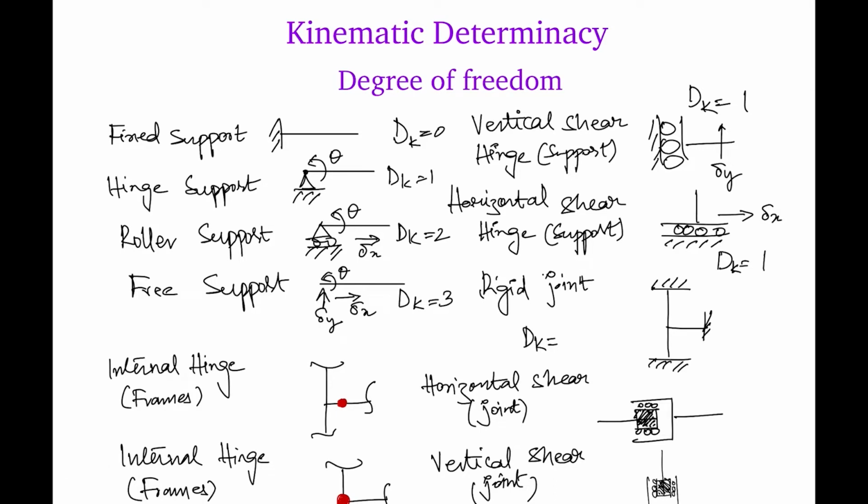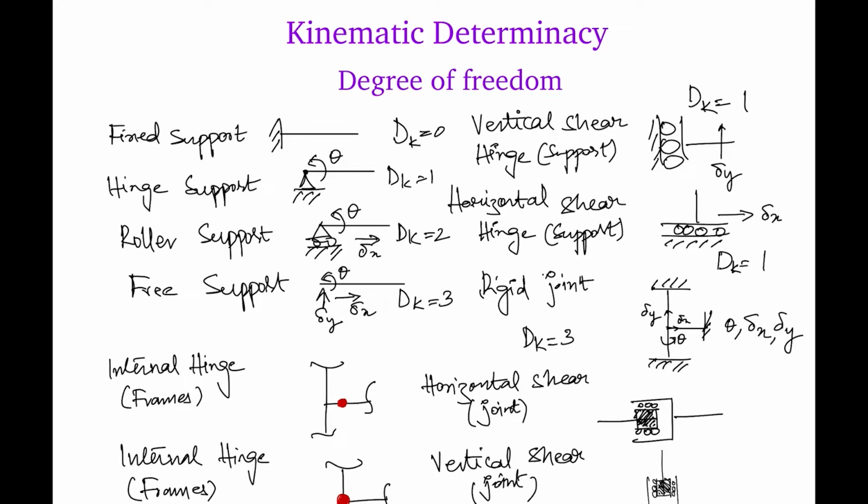For a rigid joint, when such an arrangement is made in this fashion, it can rotate in theta. It can also have a delta x direction and a delta y, so a small displacement towards delta x and a small displacement towards delta y. It can also rotate in this fashion. For this, the degree of freedom will be 3.